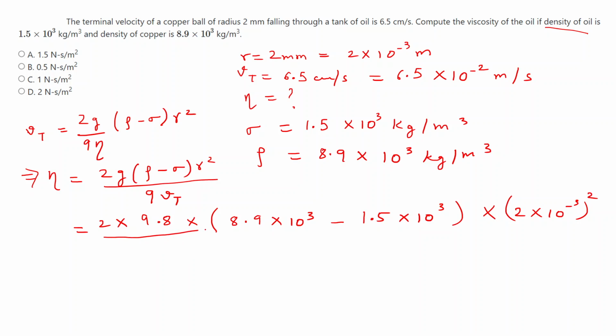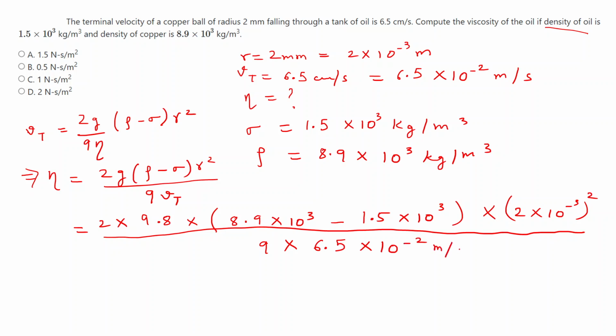This whole thing divided by 9 times the terminal velocity, which is given, the value is given to be 6.5 times 10 to the power minus 2 meters per second.